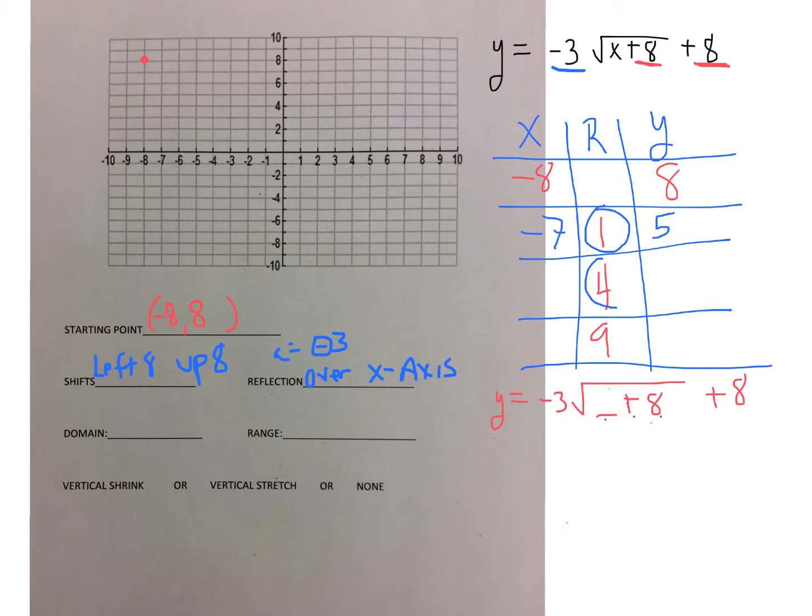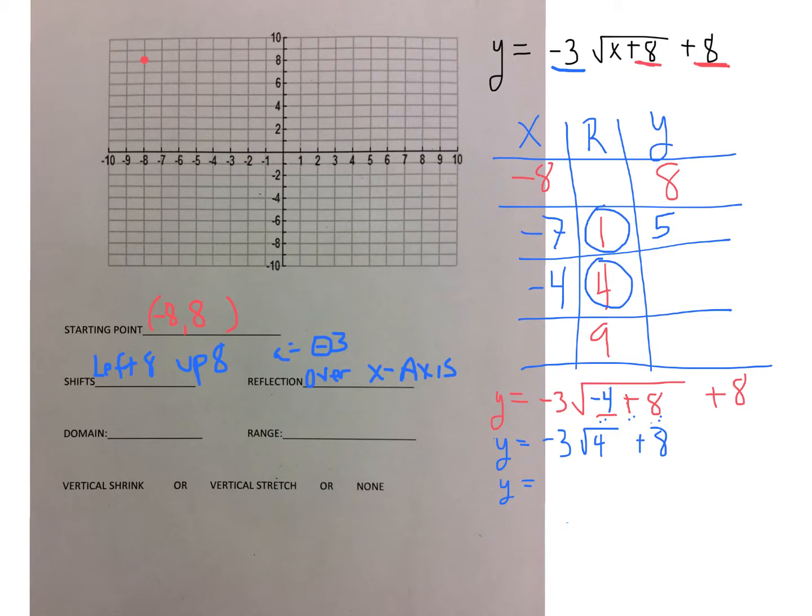Now this next one, I want 4 under the radical. So what plus 8 is going to give me 4? Well, that's -4. So Y equals -3 radical 4 plus 8.